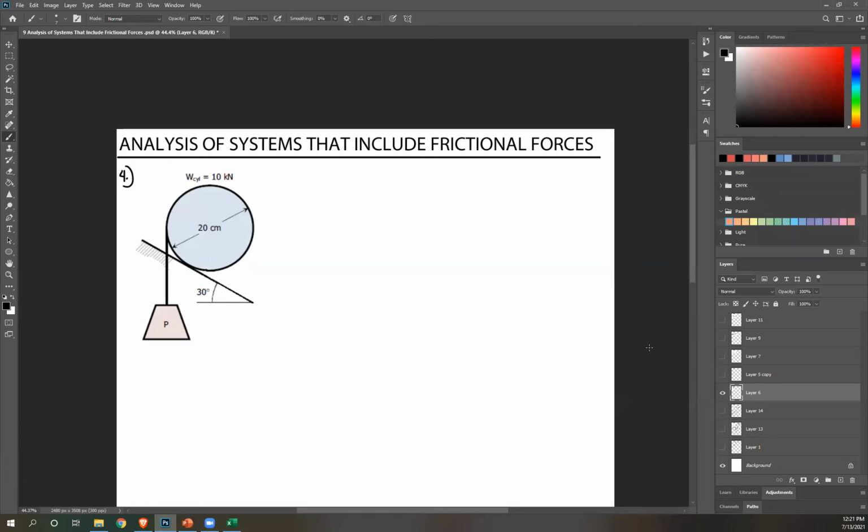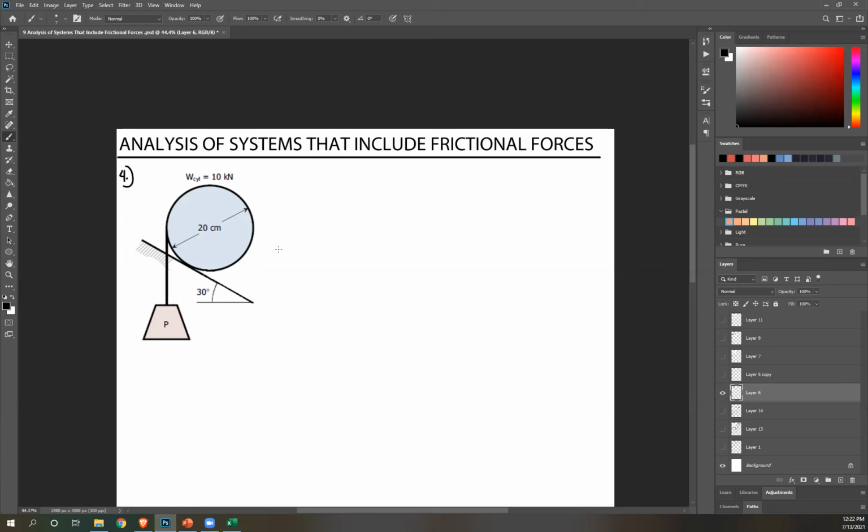So let's solve. First, create your free body diagram. Okay. So you can use this as is, okay, that's fine, or you can just use a separate free body diagram. So let's try starting here, okay? So I have a weight P. This is what we want to look for.